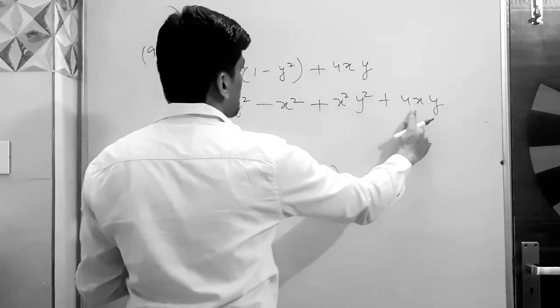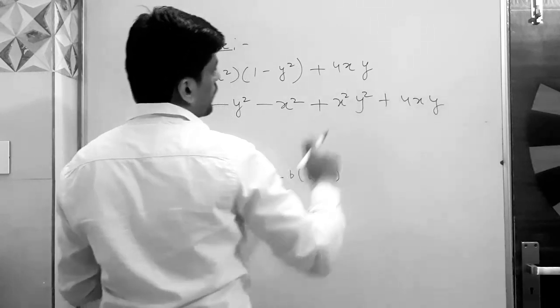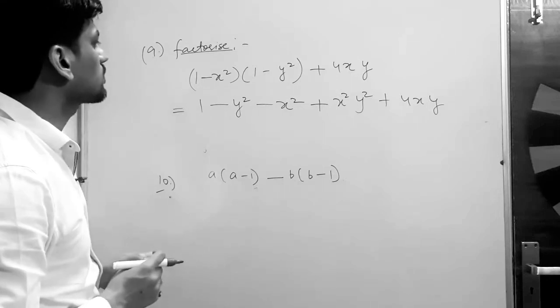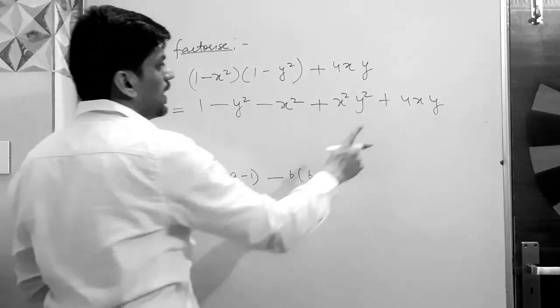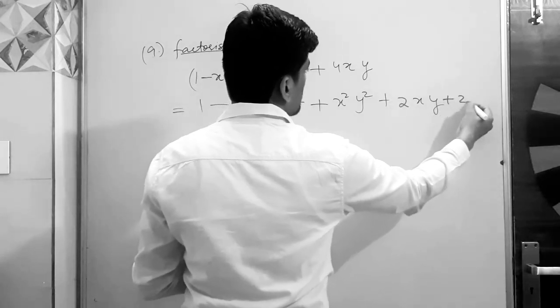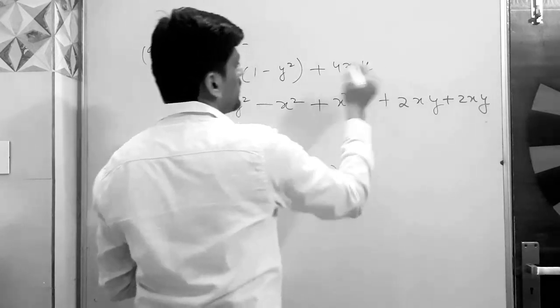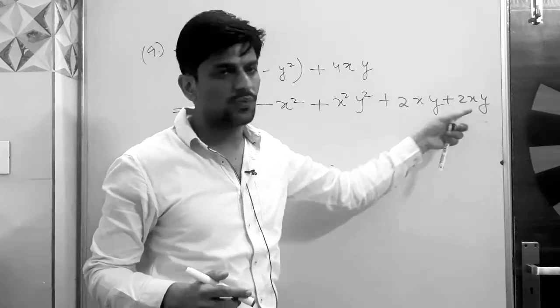So this thing can be written as 2 times 2xy, or we can split it out, this can be broken into two parts, 2xy plus 2xy. I have written 4xy in two parts.